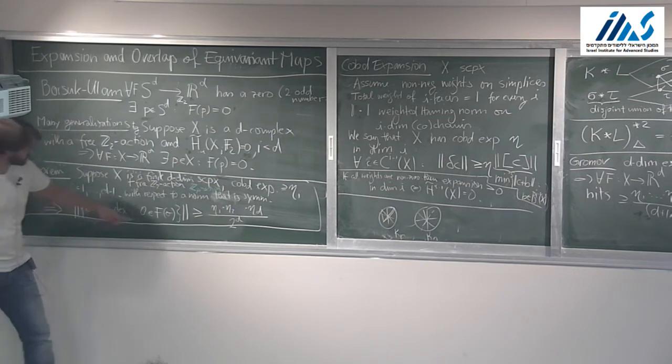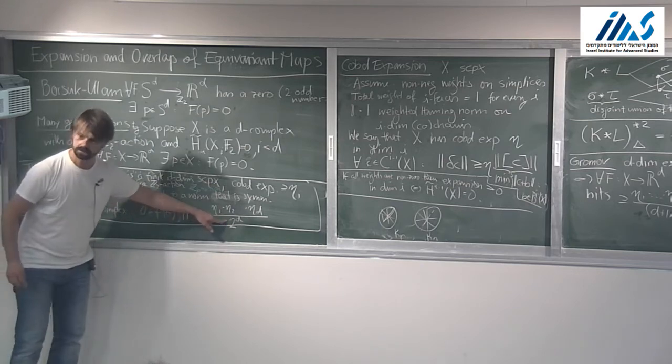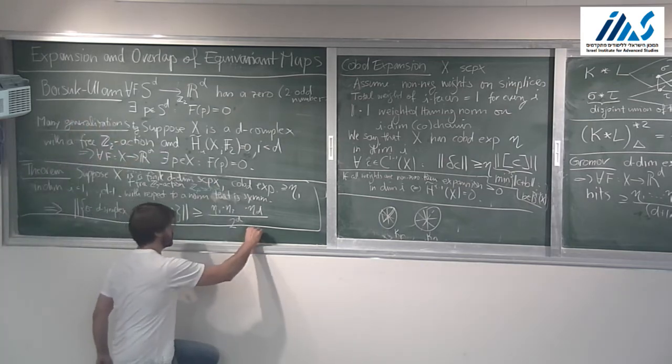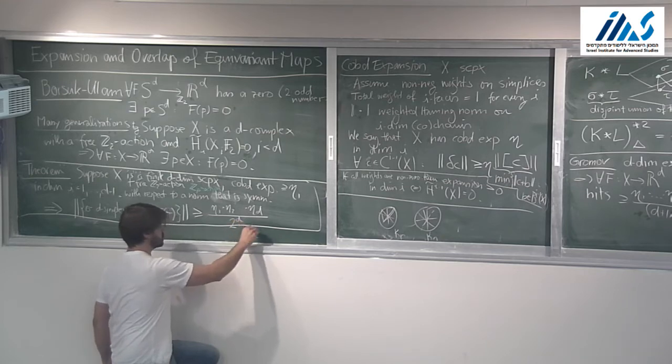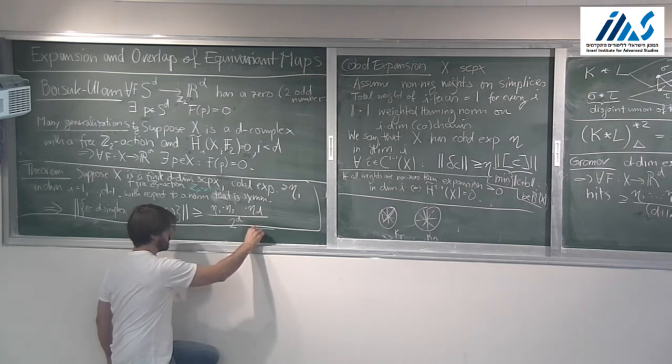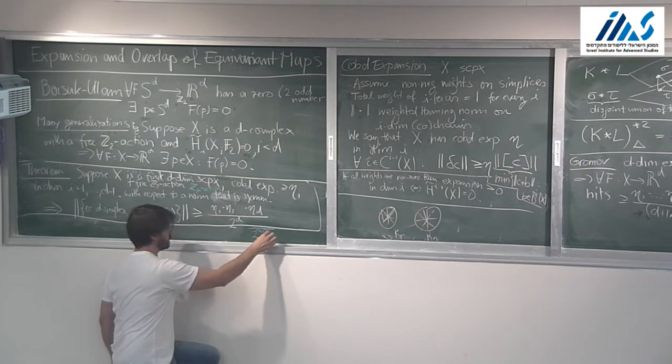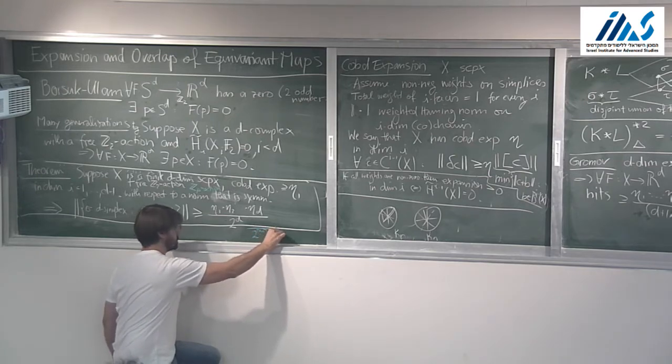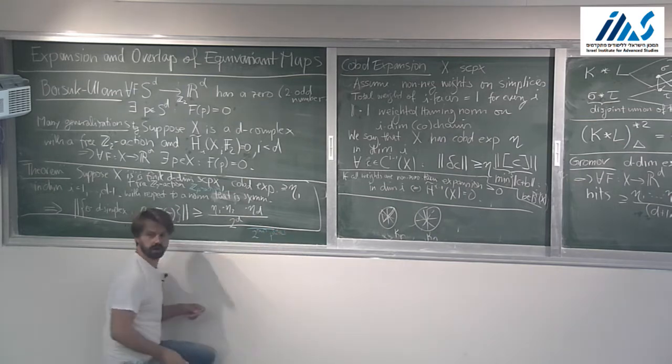And then instead of 1 over 2 to the d, the quotient becomes something like 2 to the d over 2 rounded up, and then p to the d over 2 rounded down.